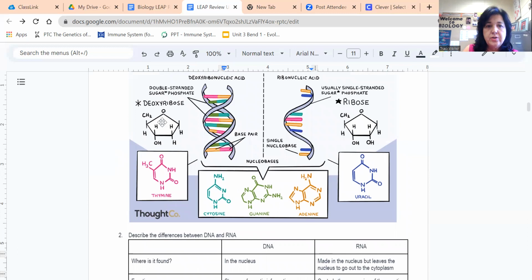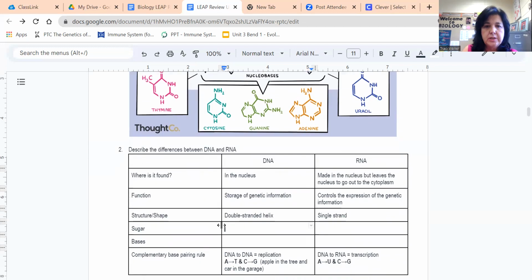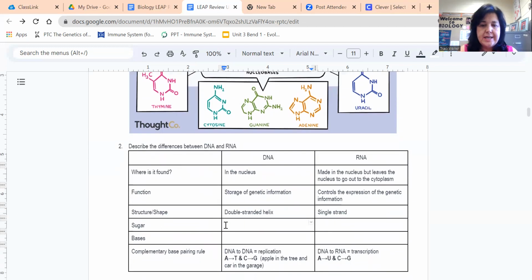So here's your sugar in DNA. It's called deoxyribose sugar. And then here's your sugar in RNA. It's called ribose sugar. So the sugar in DNA is deoxyribose, and the sugar in RNA is ribose.